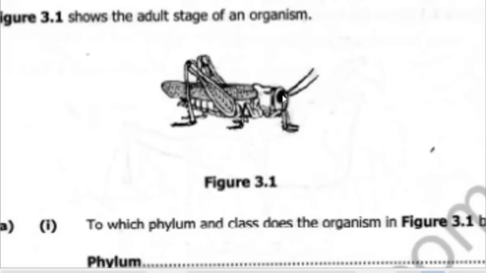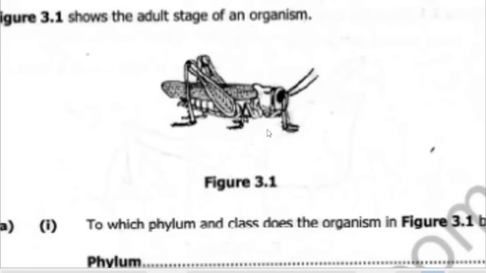Apart from that, it also has the antennas and the compound eyes. It also has the exoskeleton, which is outside its body, as we can see. So these features allowed us to identify that it belongs to the Arthropoda phylum and the Insecta class.